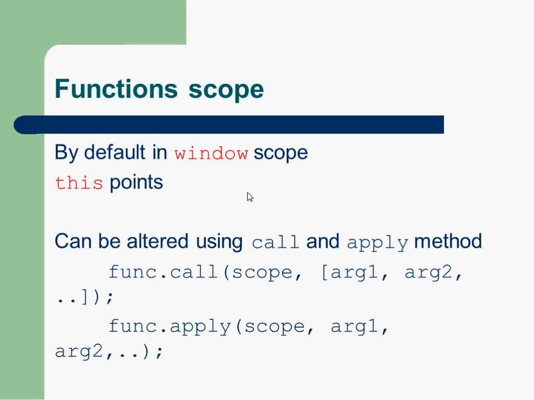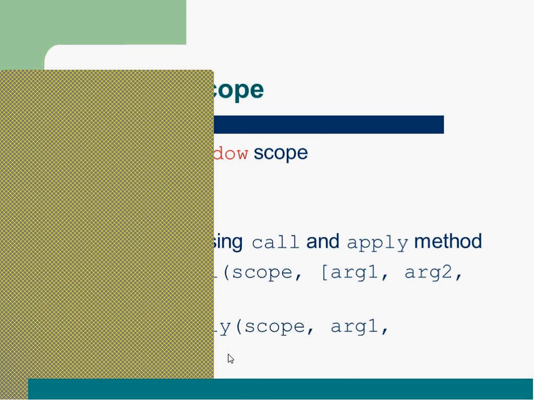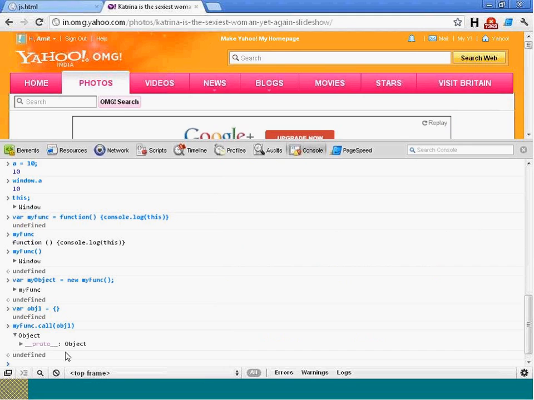In our case, we have a function, and we call it with object1. So our this started pointing to the current object which we passed.